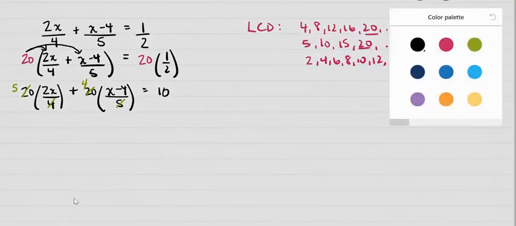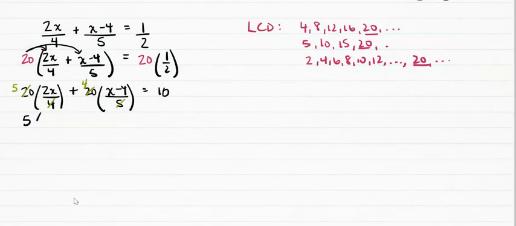So we can simplify this so that we no longer have any fractions to 5 times what's left here, which is 2x, plus 4 times what's left here, which is the x minus 4. Okay. We still have some distributive property to apply here. So we do 4 times x and 4 times negative 4.